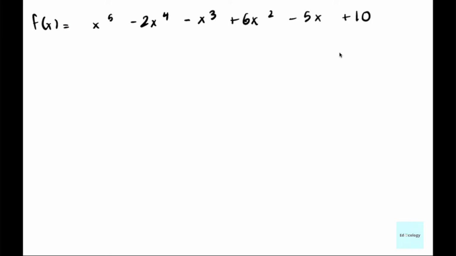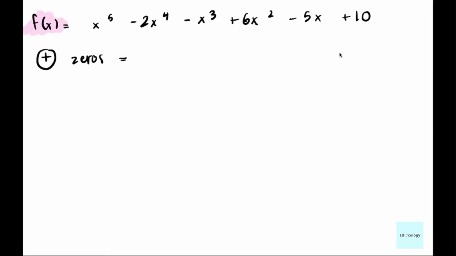In order to find the possible positive zeros, you look at f of x, not negative x, f of x. You look at the number of times the sign changes.